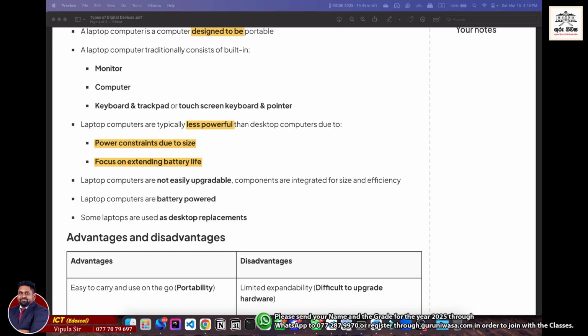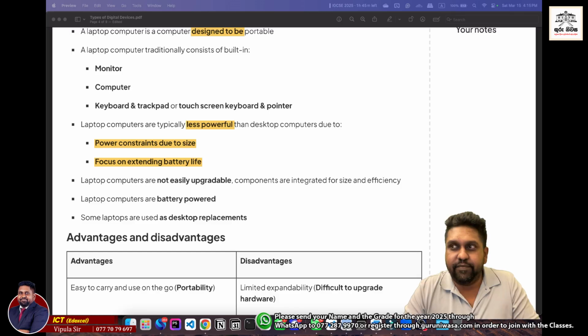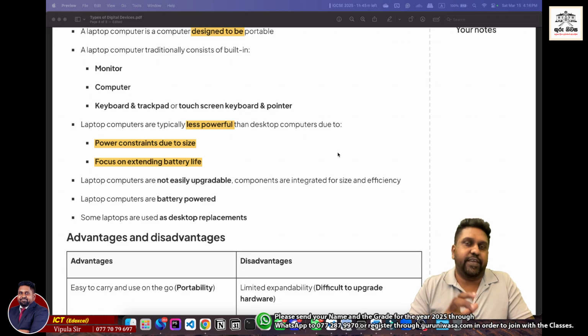And then you have the upgradability problem. Because of the sizes and all, nowadays laptops come with fixed hardware components.